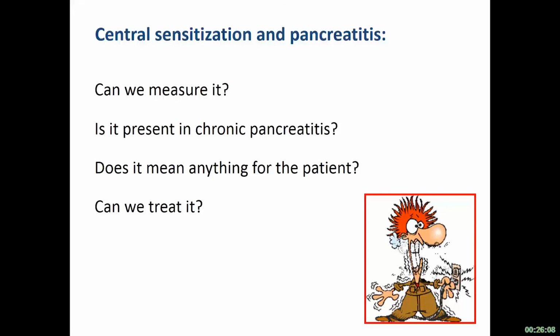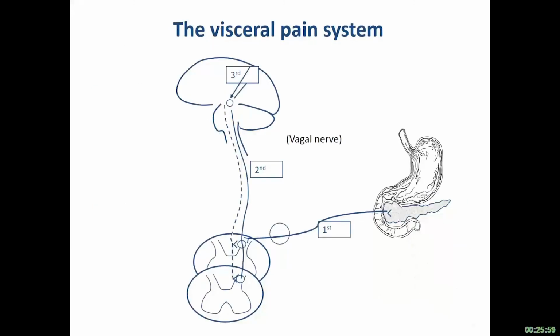And finally, I'll touch briefly upon treatment, but this will be covered later on by Dr. Drews in his talk at the end of this session. But in order to understand what's going on in the central nervous system in the context of chronic visceral pain, it may be good to know what's going on in a normal acute pain condition. So, for example, if we consider acute pancreatitis, the inflammation in the acute inflamed pancreas will generate activation of nociceptors in the periphery.